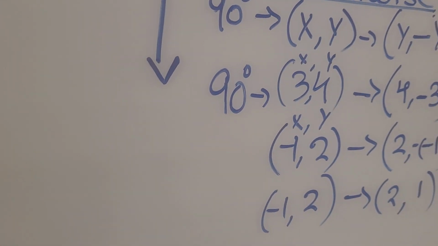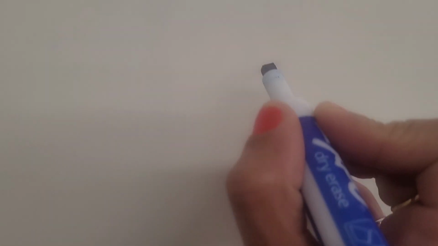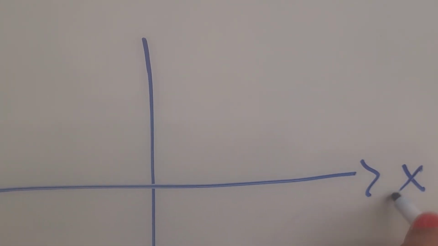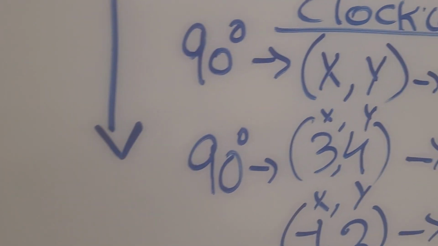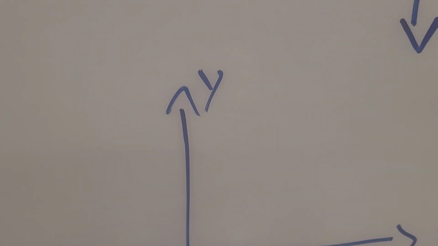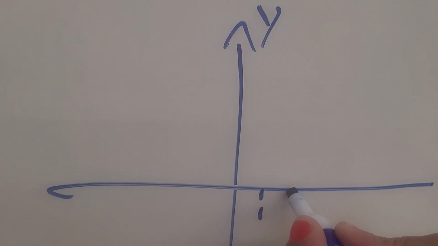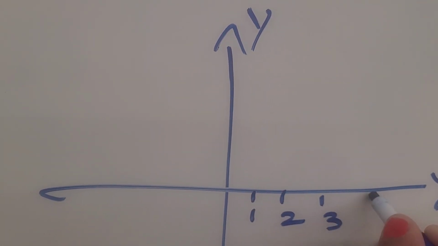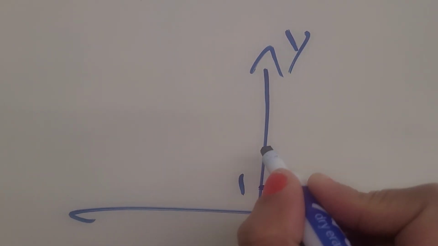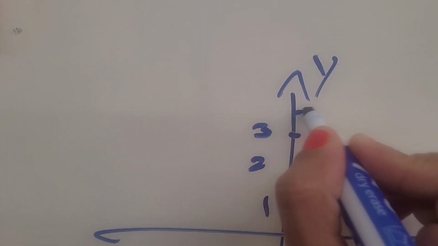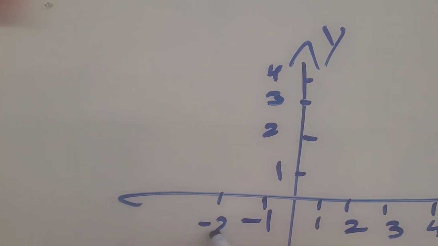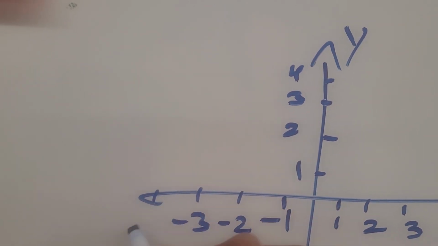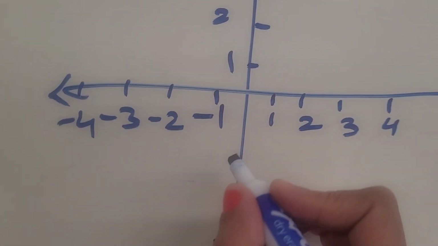Now let's draw it on the coordinate system here. So this is the x-axis and this is the y-axis, and my first point here is 3 comma 4. So let's mark the coordinates here, 1 2 3 4 on the x-axis and on the y-axis, and this is the negative x-axis, minus 1 minus 2 minus 3 minus 4.